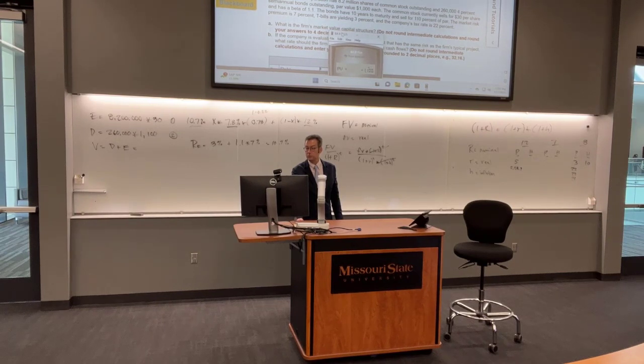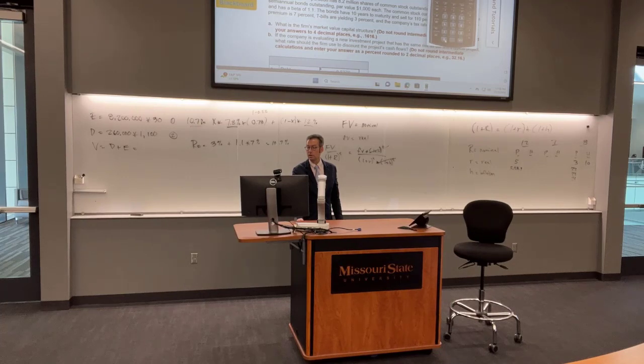How many years to maturity? 12. And are they semi-annual or annual? Semi-annual. So what do I put in for N? 24. Now, what do I put in for the coupon? They say they're 4% semi-annual coupon bonds. What should I put in for payment?